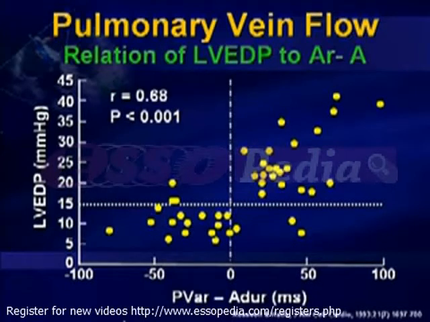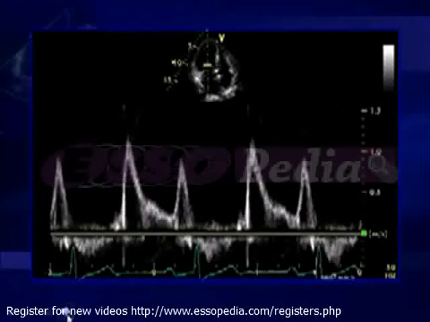In general, a cut point in excess of 30 milliseconds is used. So unlike the systolic filling fraction, this temporal difference in A wave durations remains accurate in patients with a normal left ventricular ejection fraction and is an age-independent indicator of left ventricular end diastolic pressure.